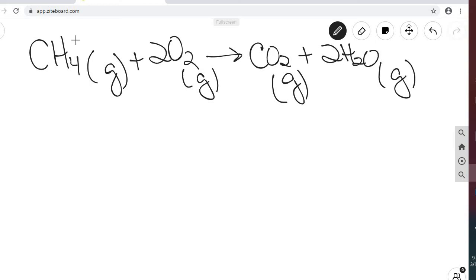Since enthalpy is independent of path, it doesn't matter how you get to the CO2 and water, we can calculate the reaction as if it actually happens, or we could use some other pathway.